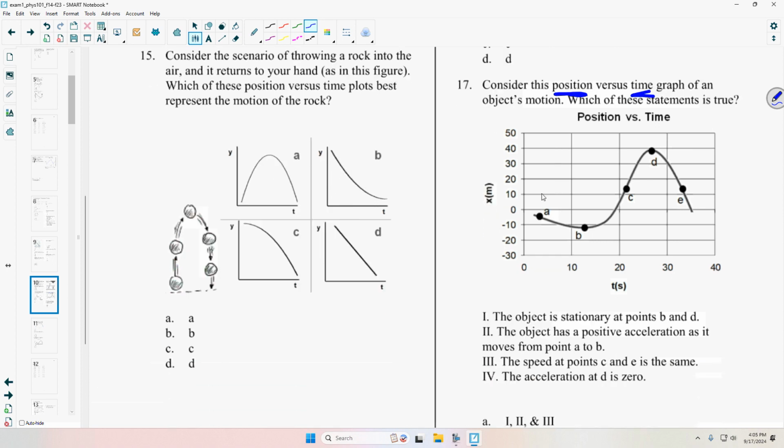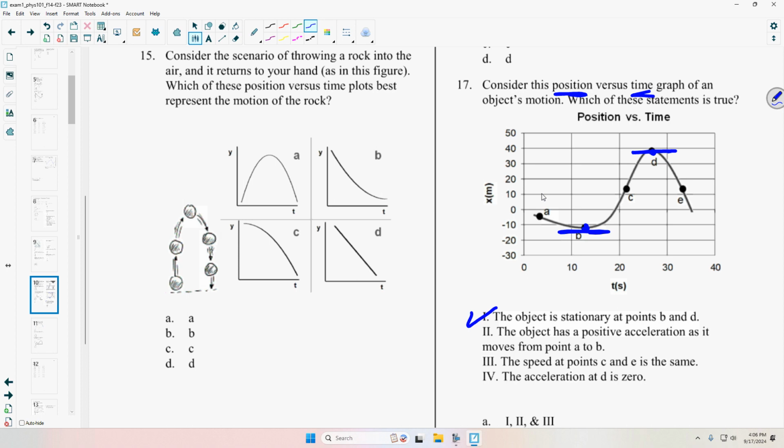First, the object is stationary at points B and D. Since it's a position versus time graph, the velocity is given by the slope of that graph. Here the slope is 0, and there the slope is 0 as well. So it is true that the object is stationary at those points. So that option is correct.